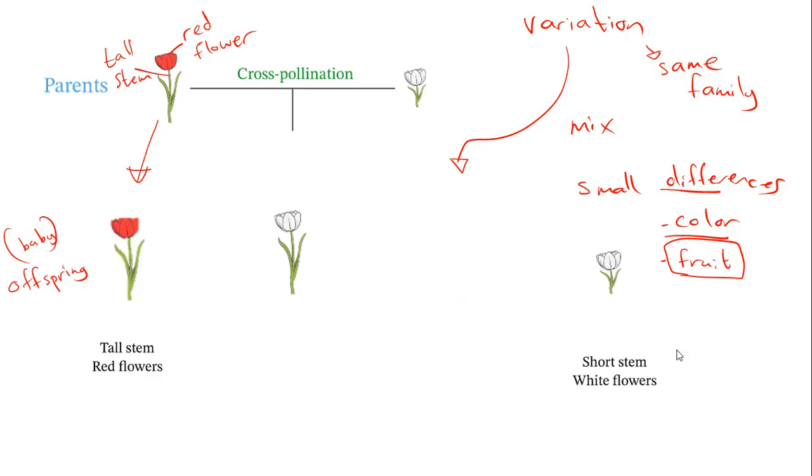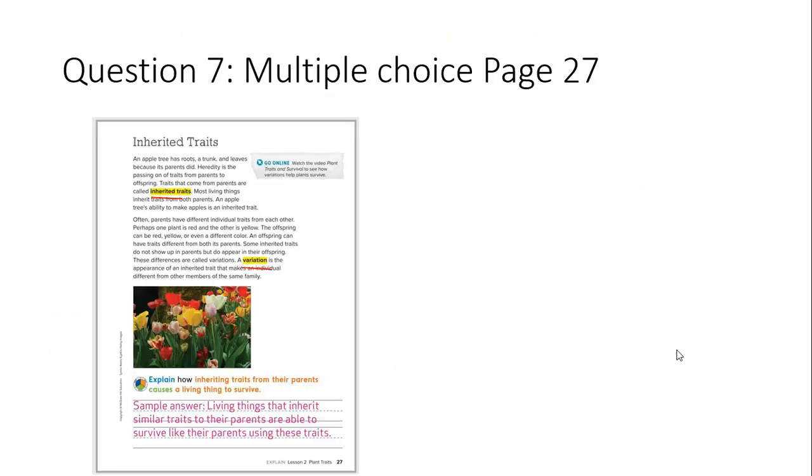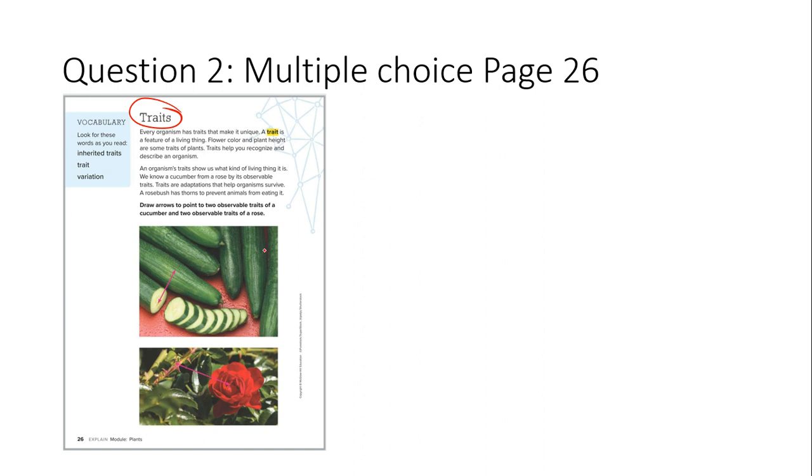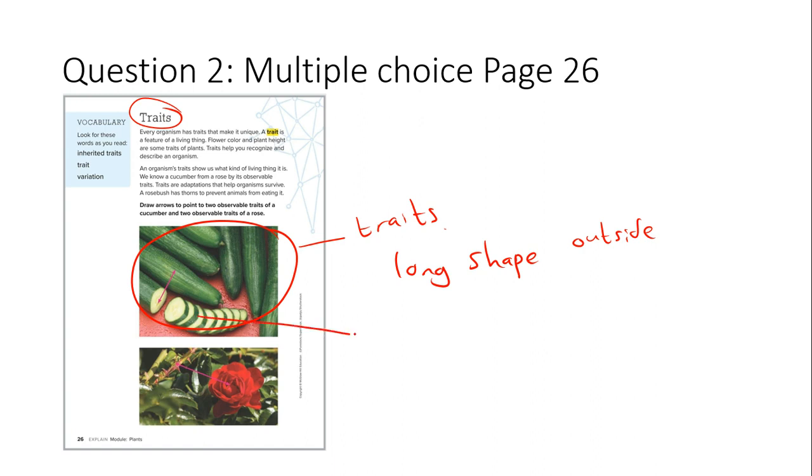Okay, so now let's look at our picture. Sorry, I'm just going back a little. This picture over here, let's discuss some traits of our cucumber. Well, it has a long shape on the outside, or you could discuss the inside. It has a circle shape. So when we cut it, it has a circular shape. And it is a green color fruit.